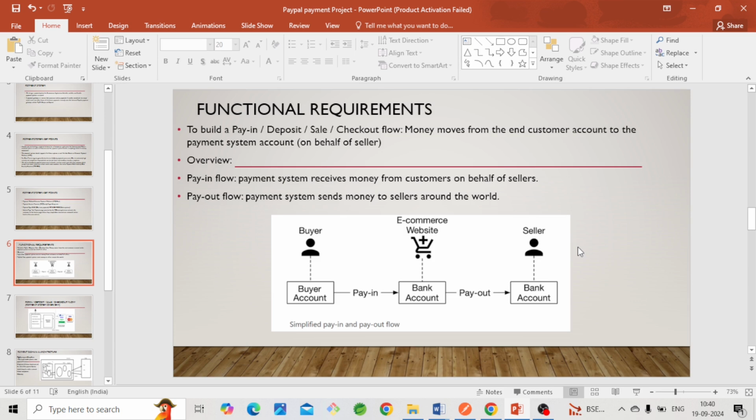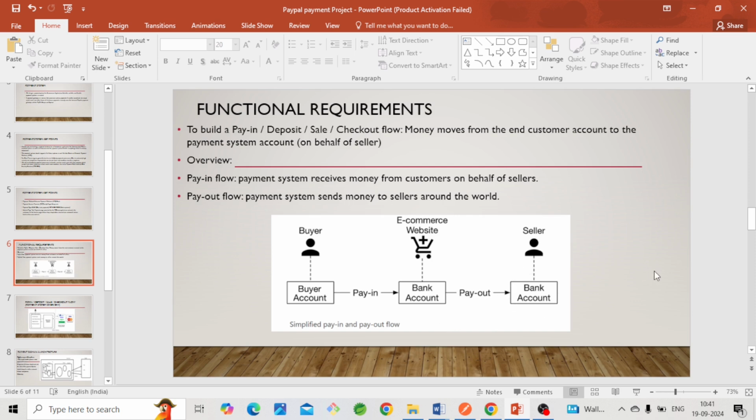Then when the customer's money goes to this account, that is a PayPal account, the PayPal account informs the payment system that the payment process is completed. Only after confirmation will the seller get the money back.